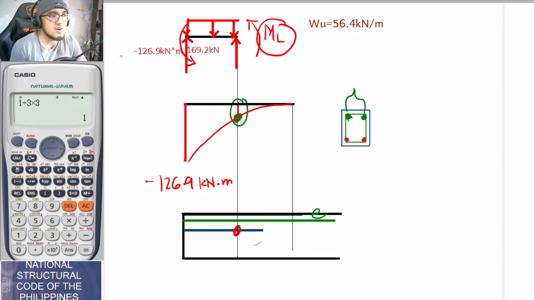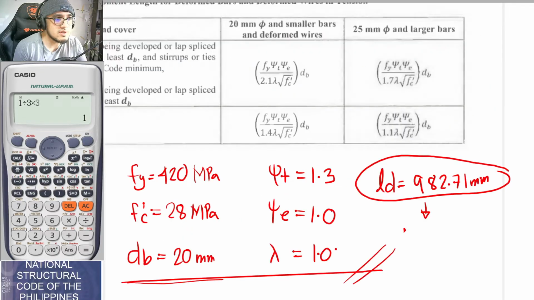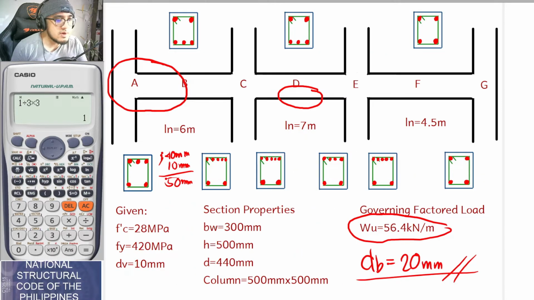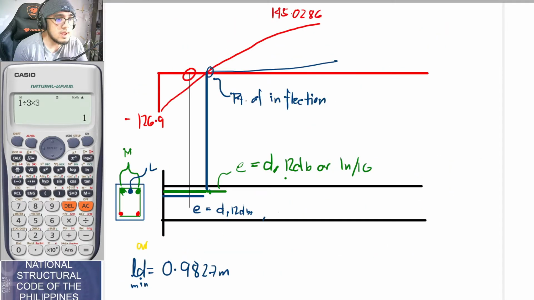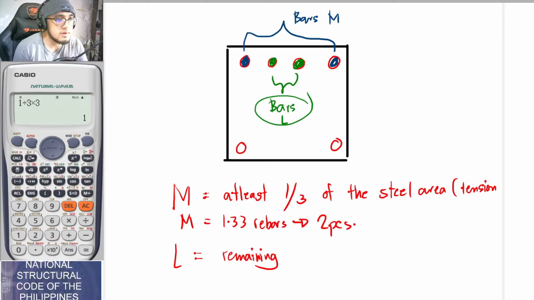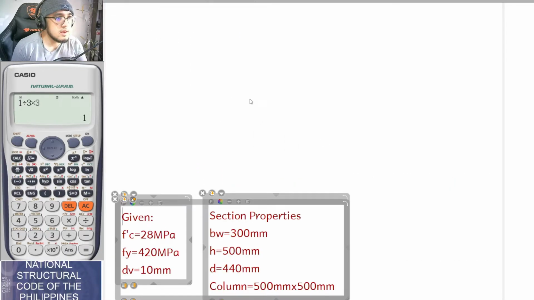Going back here, nakalimutan ko kasi yung section property natin. So, our section property is to be 300 mm. I will just be copying all of this to the analysis part. Okay, so I will just be deleting this already. And, ayun.